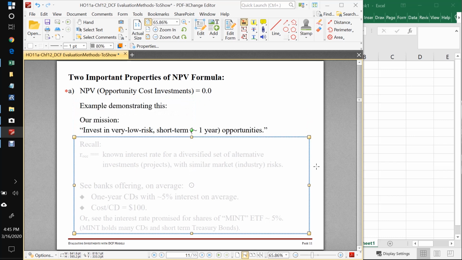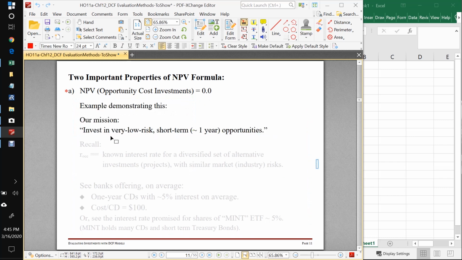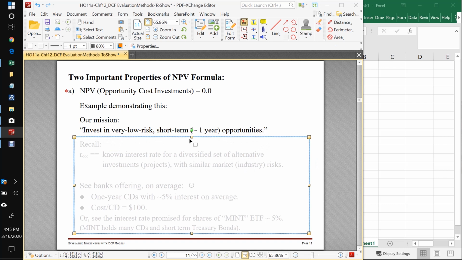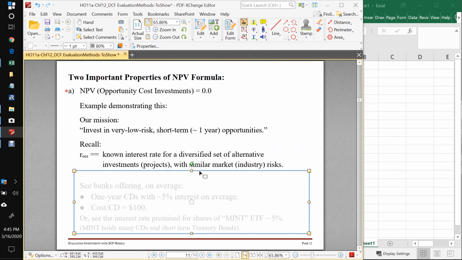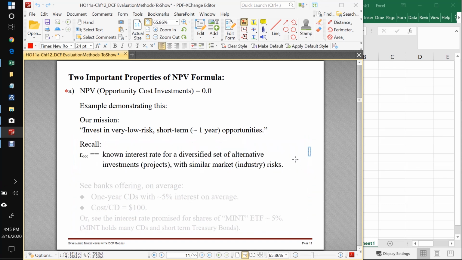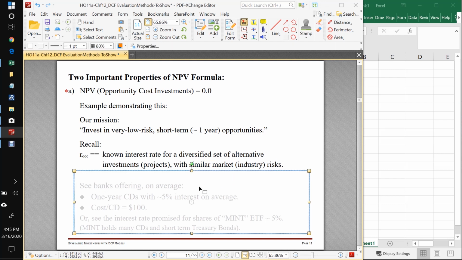Let's say our investing mission in life is that we invest in very low risk short-term opportunities, say about 1 year, okay? And then we know the opportunity cost of capital using our opportunity cost of capital model is going to be the known interest rate for a diversified set of alternative projects with similar risks. So what would we find in this case?